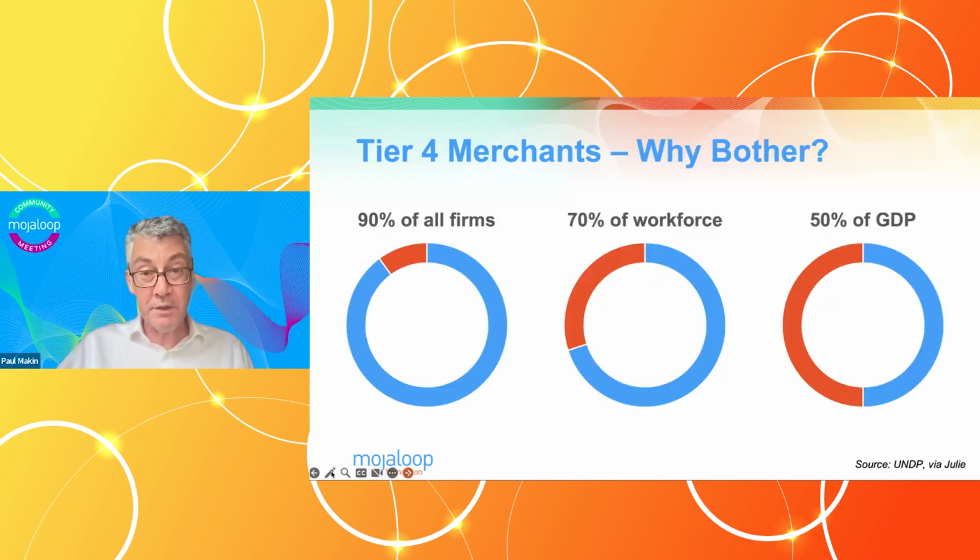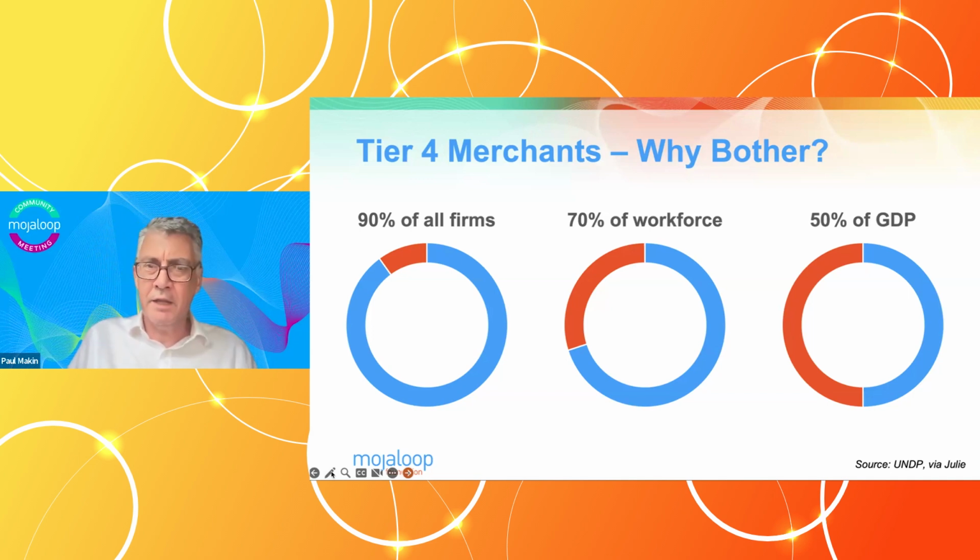Why do we care about tier 4 merchants? This is why. They're 90% of all firms. They represent 70% of the workforce in any country, on average, obviously, and 50% of the GDP. These are all figures that were presented by the UNDP at a conference Julie was at last week. And I think it emphasizes precisely why.